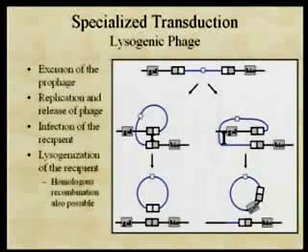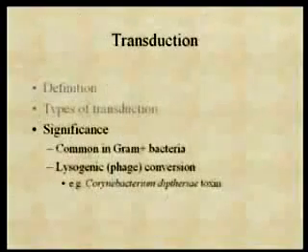In the case of another specialized or lysogenic phage called phi80, that one inserts close to the tryptophan genes. So that transducing phage transduces tryptophan genes. All right? So each specialized transducing phage will only transduce certain genes, those that happen to be close to where they inserted.